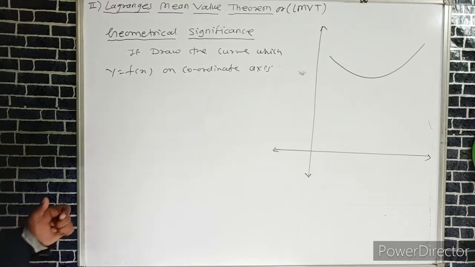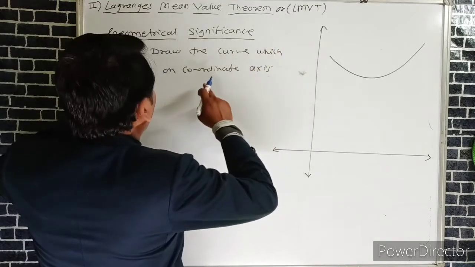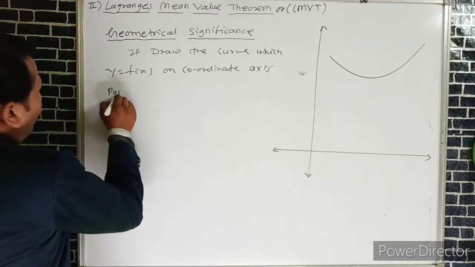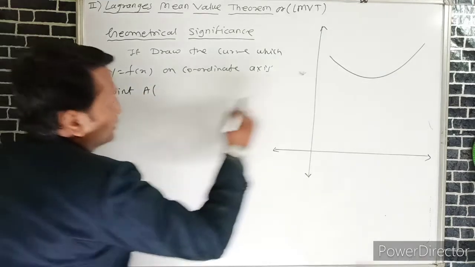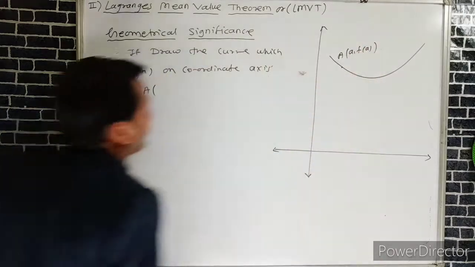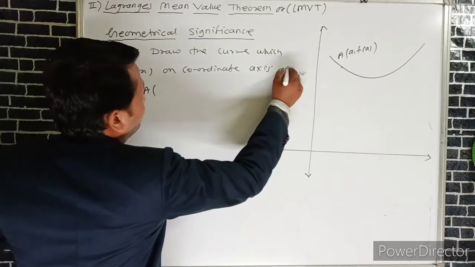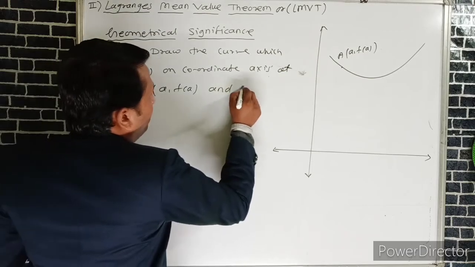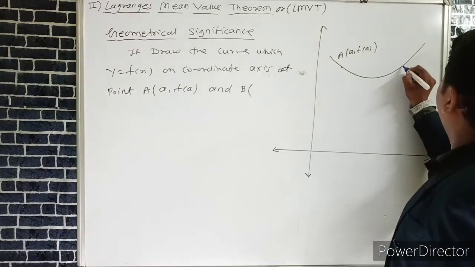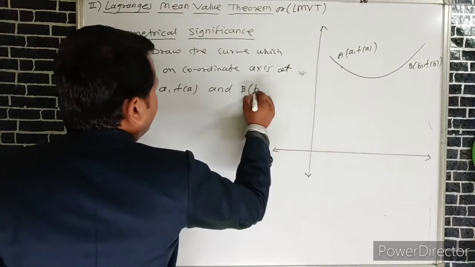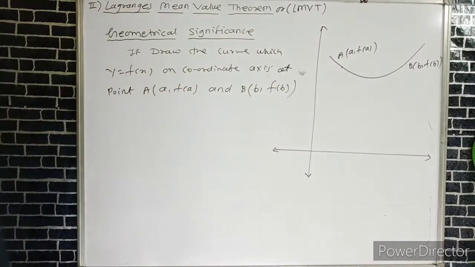On the curve, we take the point A, with x coordinate a and y coordinate f of a, so the point is (a, f of a), and here the point (b, f of b), where the x coordinate is b and the y coordinate is f of b, on the curve.